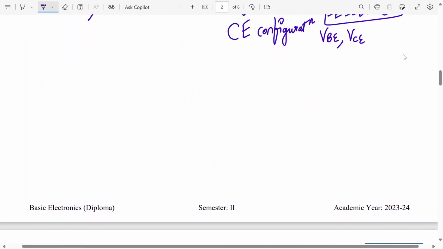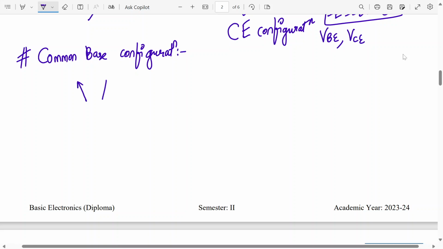Now let's move on to common base configuration. So write down common base configuration of BJT. For common base configuration, we have to draw a tilted BJT like this. Alright, this is my common.